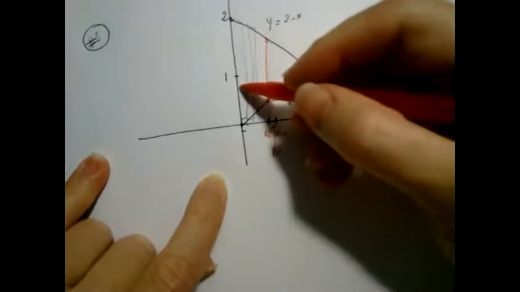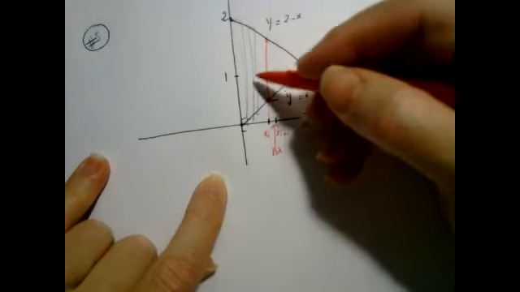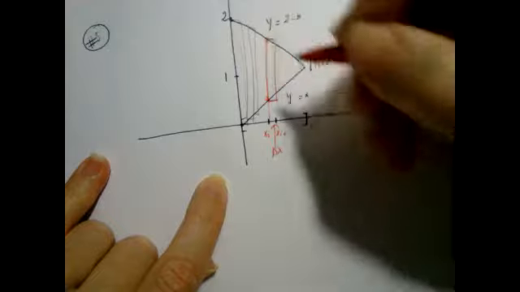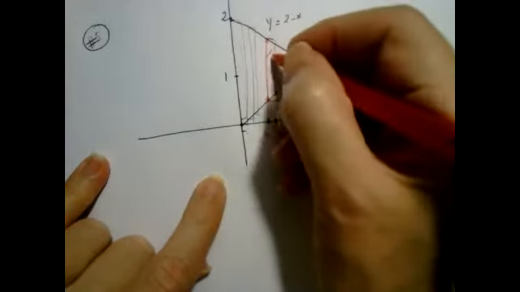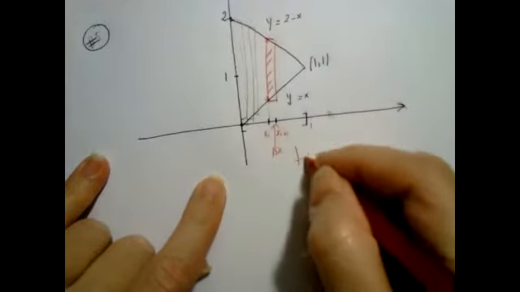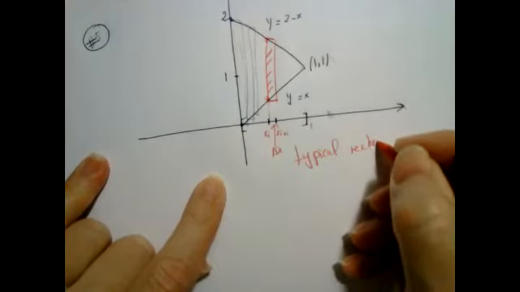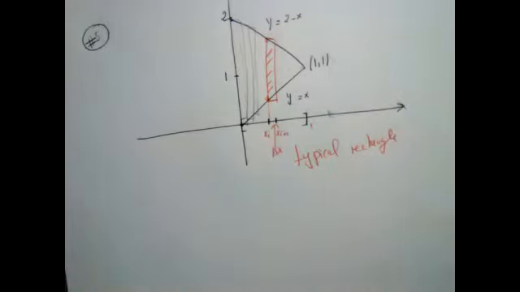But instead of finding the area of this one plus this one plus this one, I really focus on a typical one and find the area of this typical one. So that's what we'll be calling a typical rectangle. My first step is to find the area of a typical rectangle.